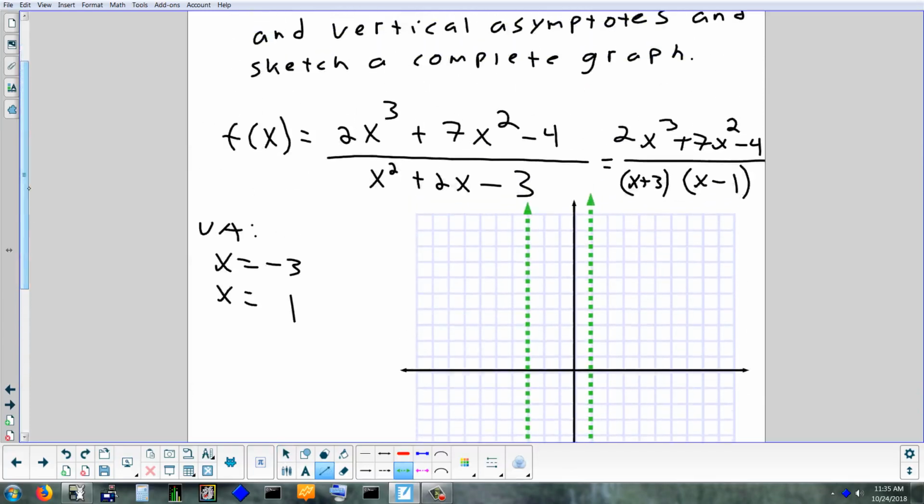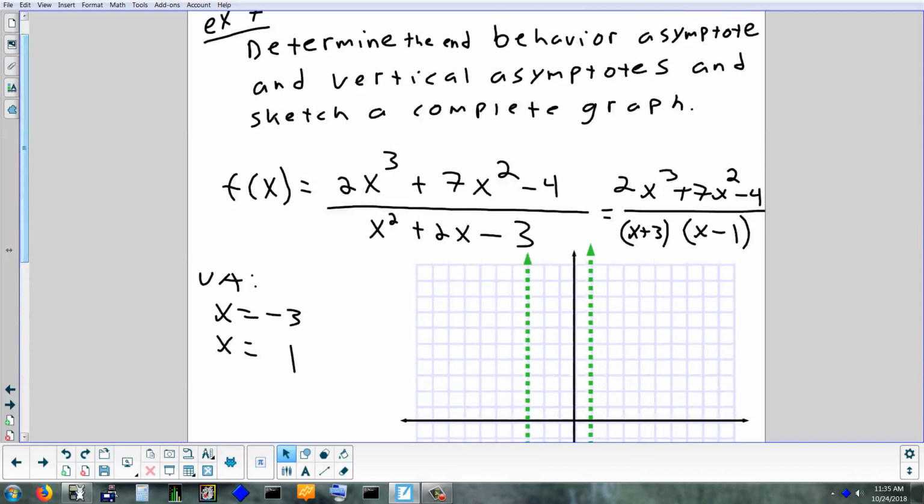Let's see. Are we going to have an end behavior model that we need to find for this one? Did they ask for it? No. How about the end behavior asymptote? Is this a problem where that applies? Yeah, because the degree in the top is bigger than the bottom. Could you do synthetic division here?